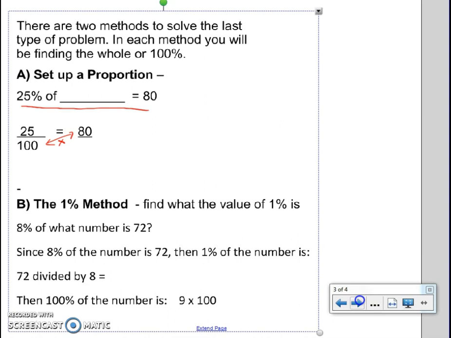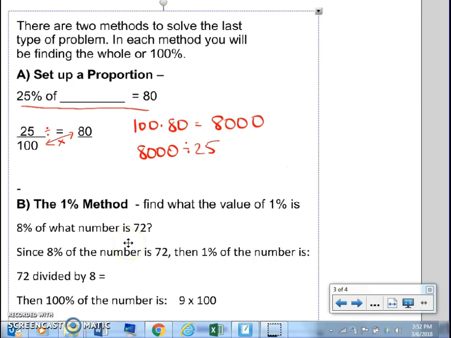So 80 times 100, I can multiply by that and divide by 25. So 100 times 80 equals 8,000. And then I can take 8,000 and divide that by 25. And my answer is going to be 320.